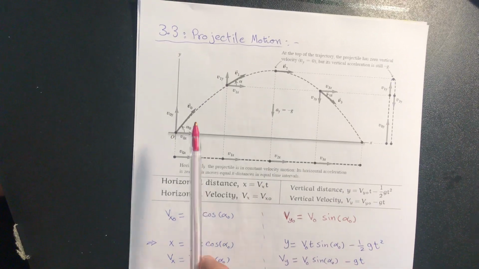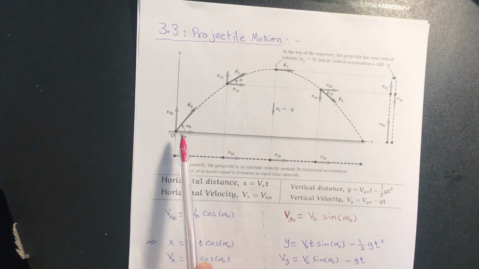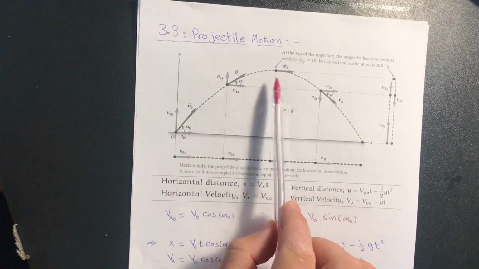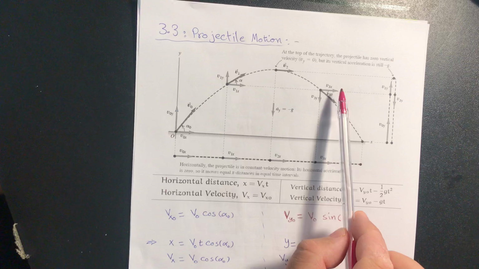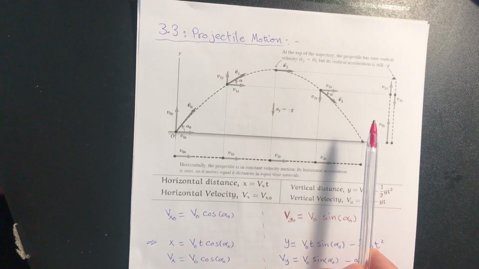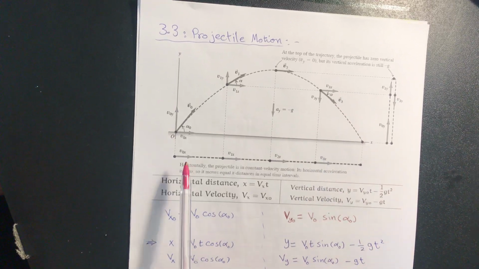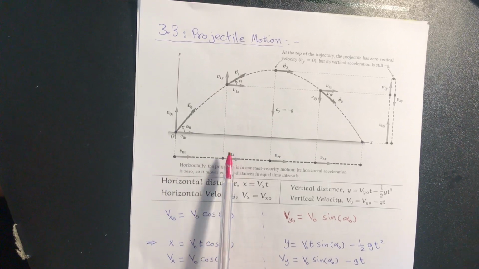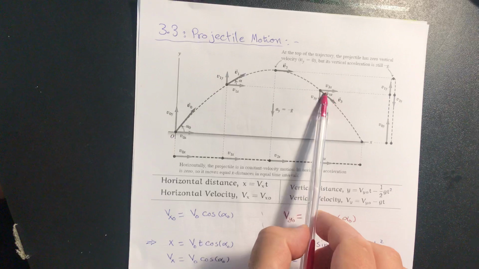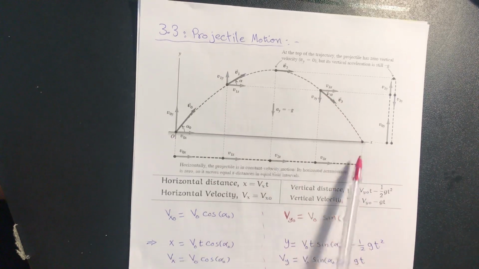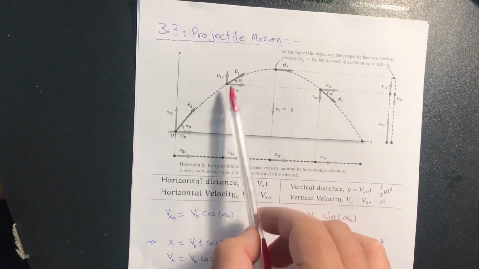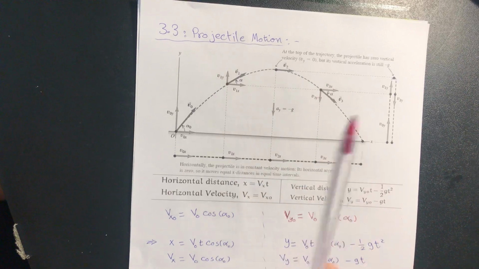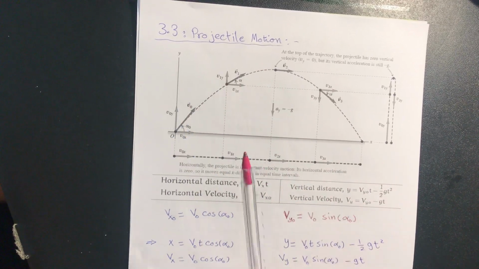In this case, first of all, the horizontal velocity component will stay the same. You can see here v x naught is equal to, this is the first point, second point, third point, and finally we can take as many points as we like along this trajectory.